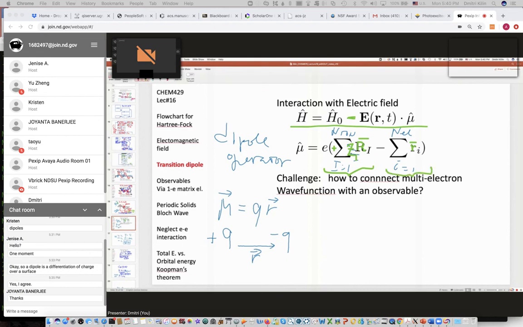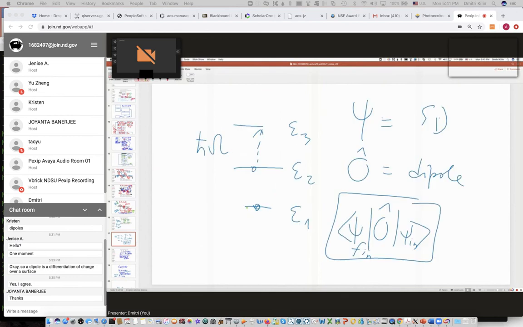And then we are going to practice this idea in the basis of electronic structure. So we are considering an example of a molecular system with several orbitals. It could be hydrogen molecule, hydrogen atom, or something different.